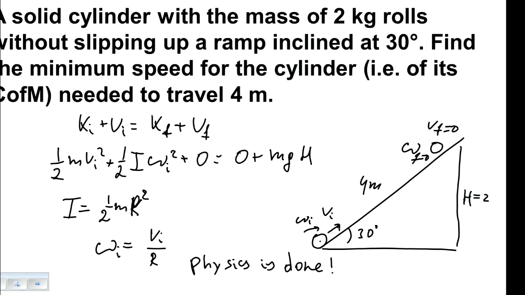Yes? How would you do it if it was sliding? That's for a Q&A part. That is for a Q&A part when we stop talking about this and open the session to the questions. Please ask again. Yes?